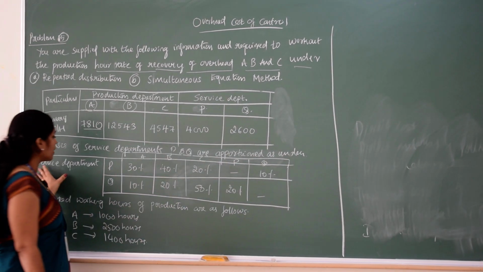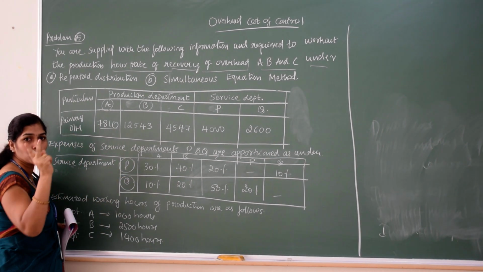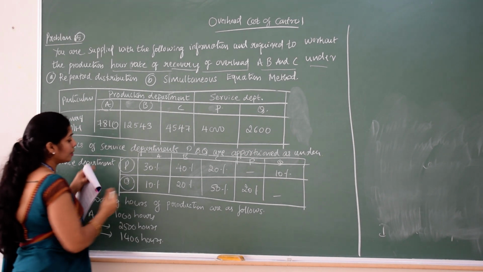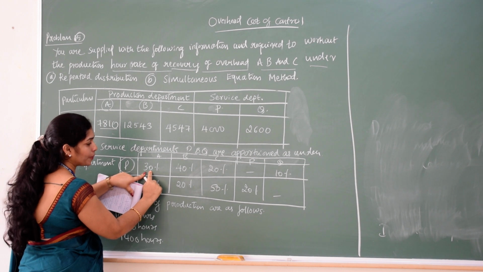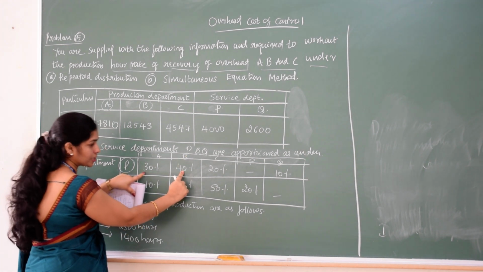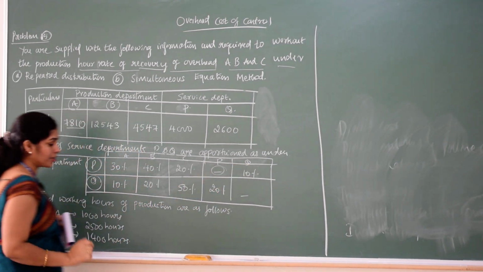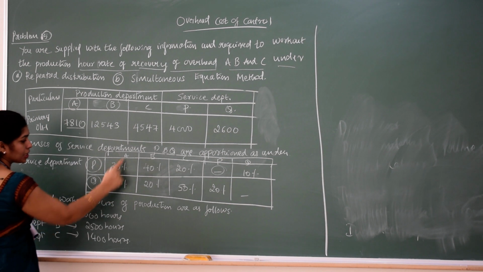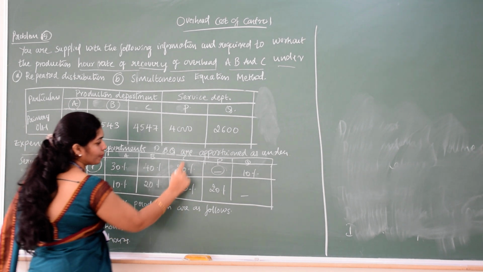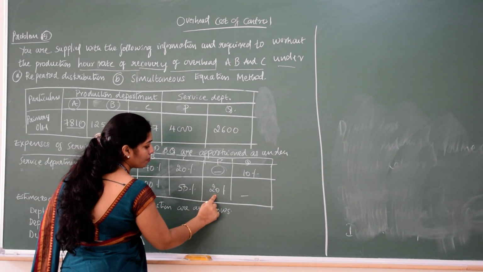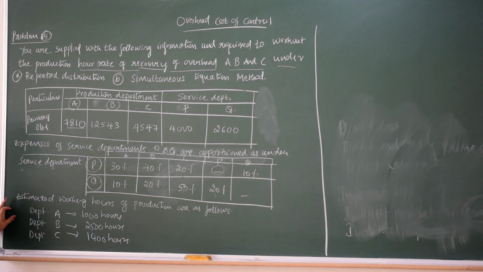Service department P to the production departments: A 30%, B 40%, C 20%, P nil and Q 10%. Then service department Q: 10% to A, 20% to B, 50% to C, 20% to P and Q nil.